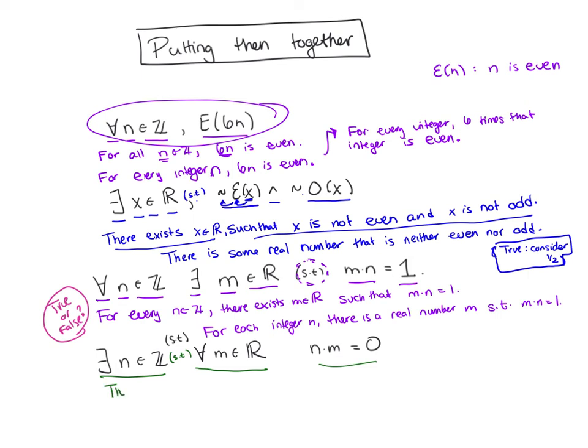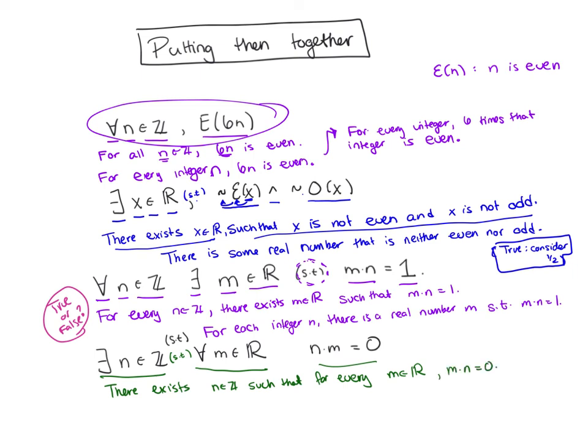So there exists an n in Z such that for every, or for all, or for each m in R, let's use the symbol there as is standard, m times n equals 0.